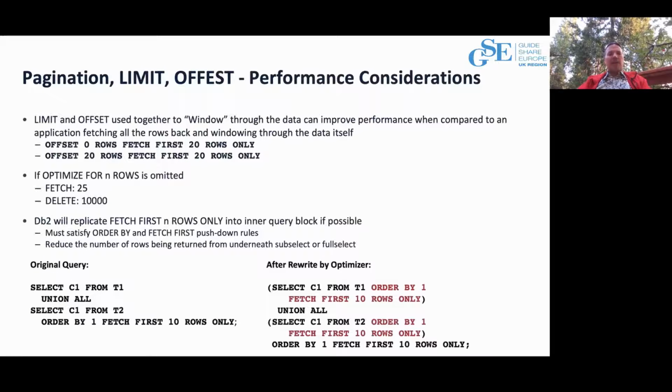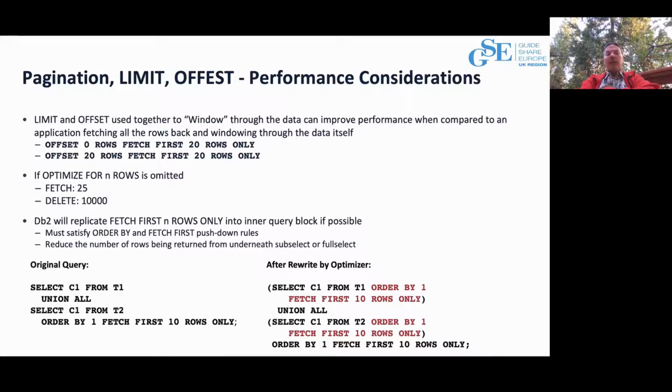A couple things to notice. If you're doing pagination with a fetch statement, Db2 is going to assume that if you don't specify an optimized for n rows, the fetch size is 25. So they're kind of guessing that for a fetch you're trying to get a screen full of data, and an average number of rows for a screen full of data would be 25.